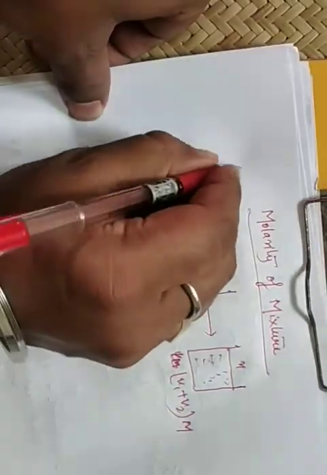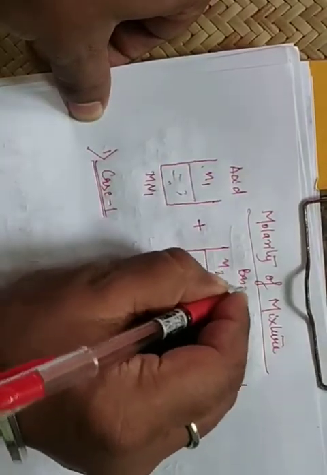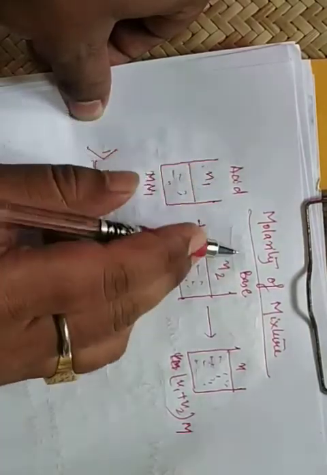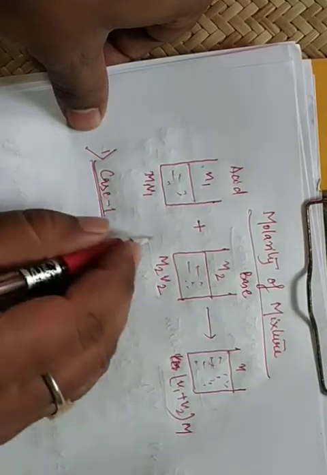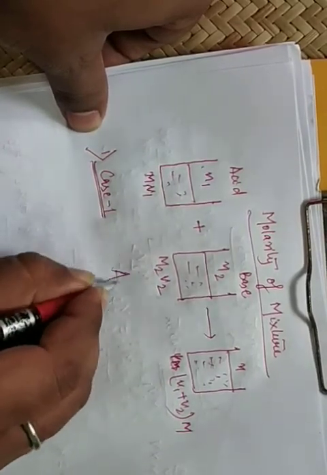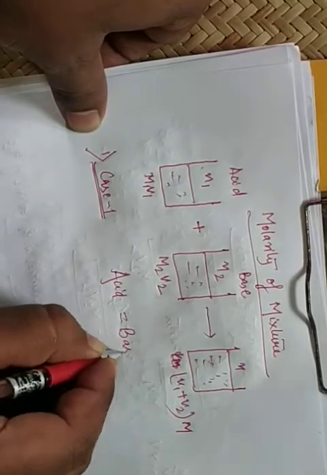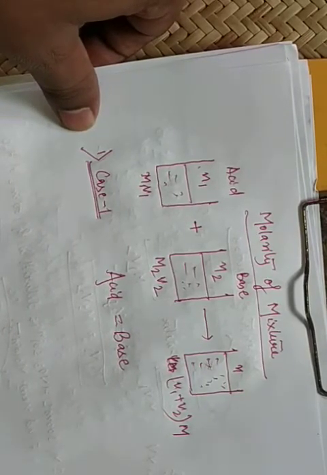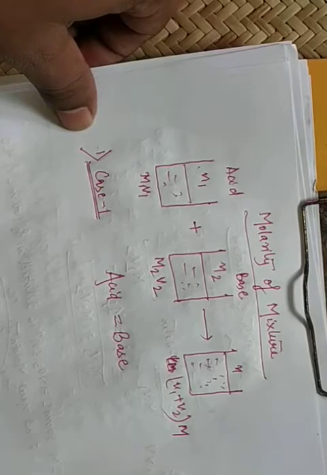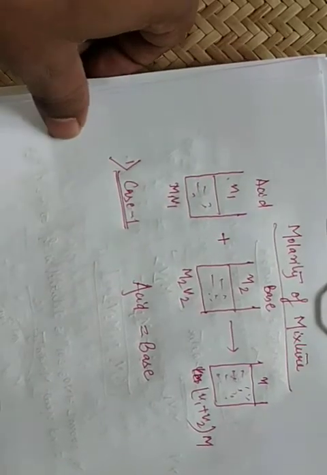Okay, suppose here is an acid and there is a base. If the concentration of the solution of acid and base is equal, now in this case what is the formula? Just you find what the actual formula is.